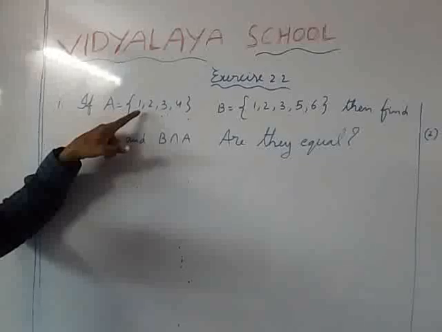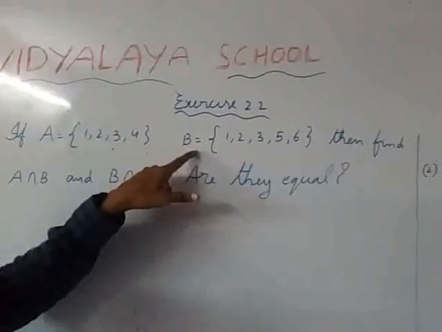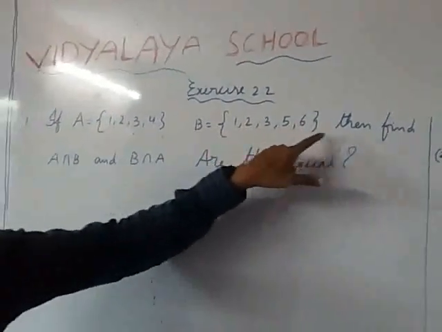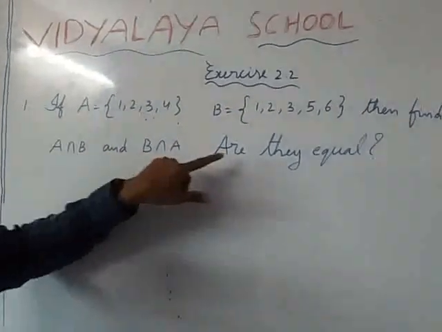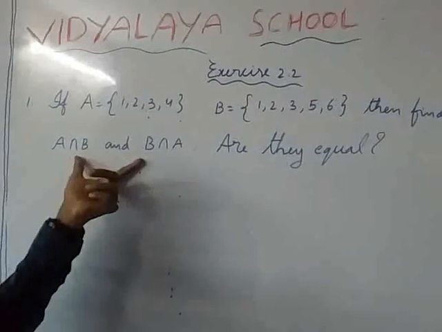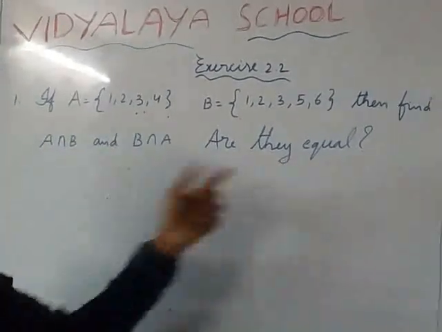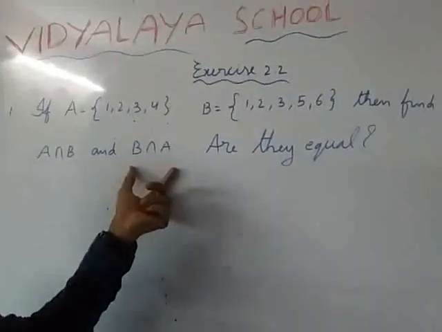If A equal to 1, 2, 3, 4 and B equal to 1, 2, 3, 5, 6, then find A intersection B and B intersection A. These two we have to find. Are they equal? Finally, we have to check whether this value and this value are equal or not.